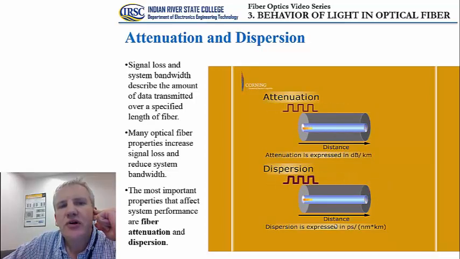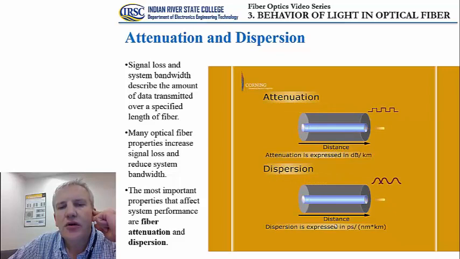let's talk a little bit about two important properties of light, namely attenuation and dispersion, that greatly affect the performance of light in an optical fiber. Attenuation and dispersion are very much associated with the loss of signal in optical fibers.